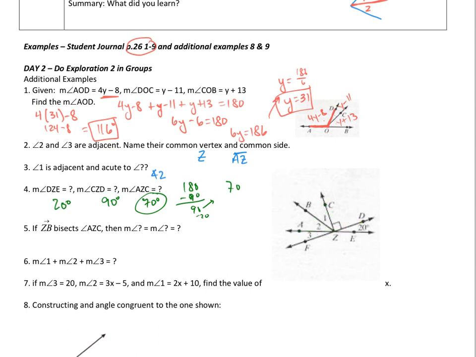All right, that's better. So let's take a look here. And we are saying, if ZB bisects angle AZC, so that means that is our angle bisector right there.